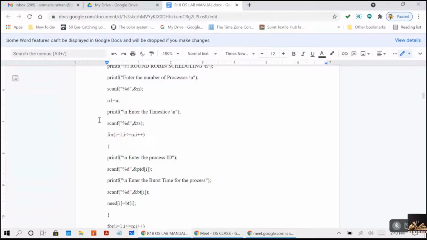So print the number of jobs, enter the number of processes, and then printf enter the time slice. TS I am taking as the time slice, right? Then normally I am taking the process IDs and the burst times, right? Initially, in need, what I am keeping is the burst time only.